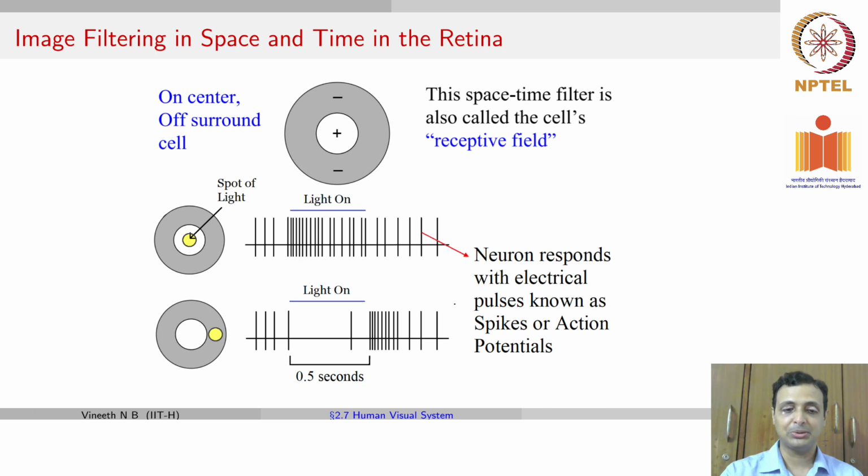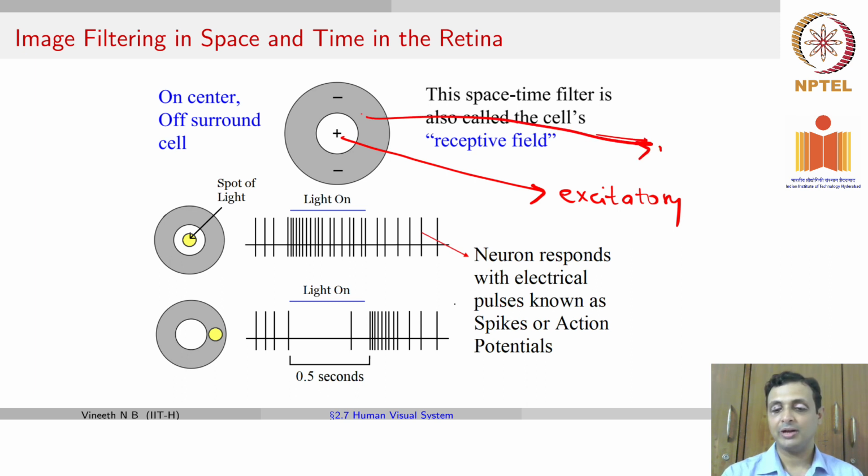So in this diagram that you see on the slide, plus denotes an excitatory reaction and minus denotes an inhibitive reaction. So cells are organized this way, where there is a central cell which gets excited when a photon falls on it, and there are a set of cells around it that get suppressed when the photon falls on it.